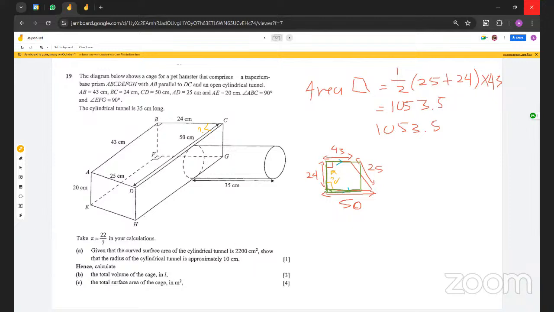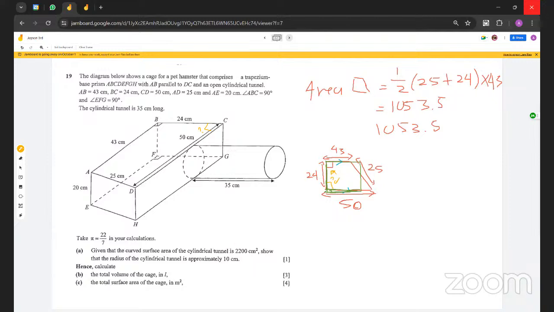Instead, you averaged the wrong ones, 24 and 25, which I think is influenced by the picture, right? Then you're supposed to times the height of the rectangle. Did you times the right thing? No, should be 50. Why would you times 50? Average the correct thing first, come on.